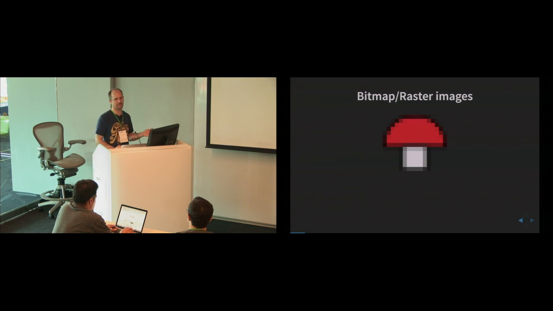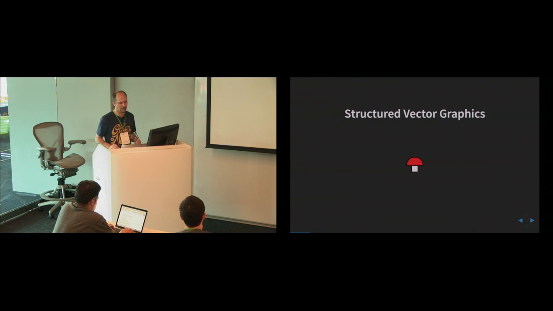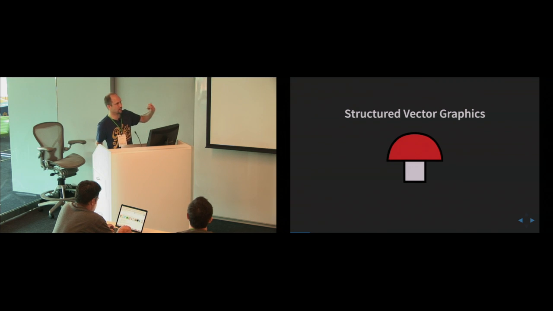PNG files, JPEG files, GIFs, you're all used to them. And it's kind of retro, kind of got that 16-bit quality going. Pretty cool. When we take that same image and build it with an SVG file, we can see it's perfectly crisp.